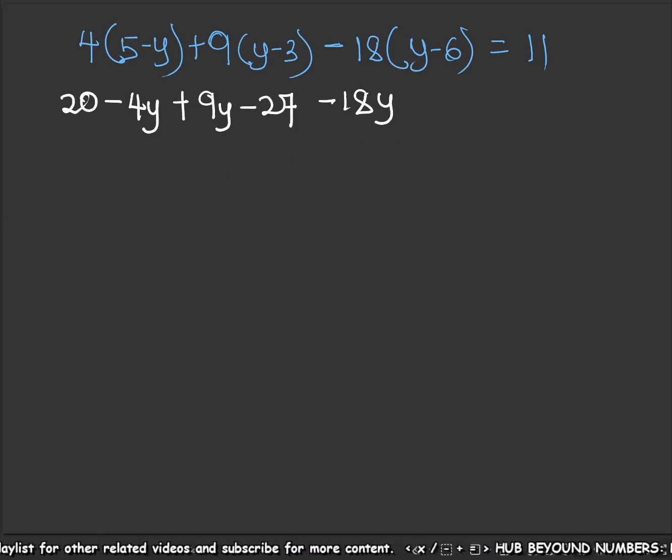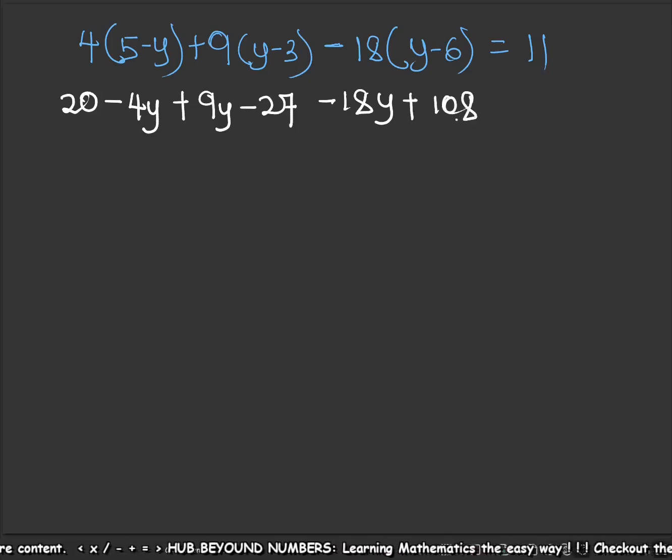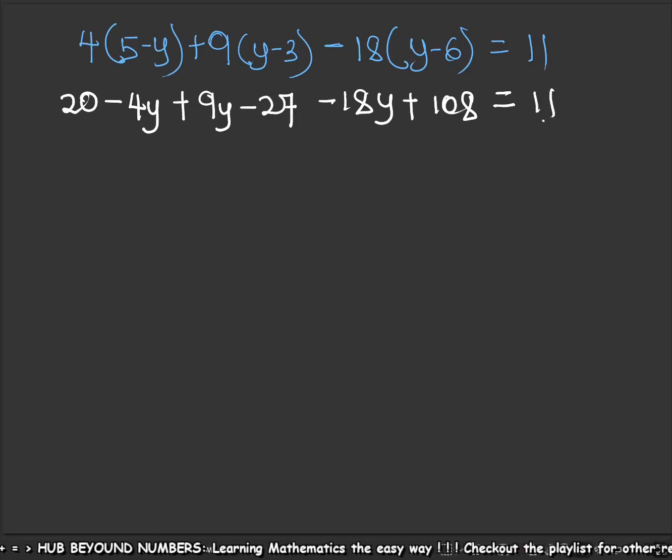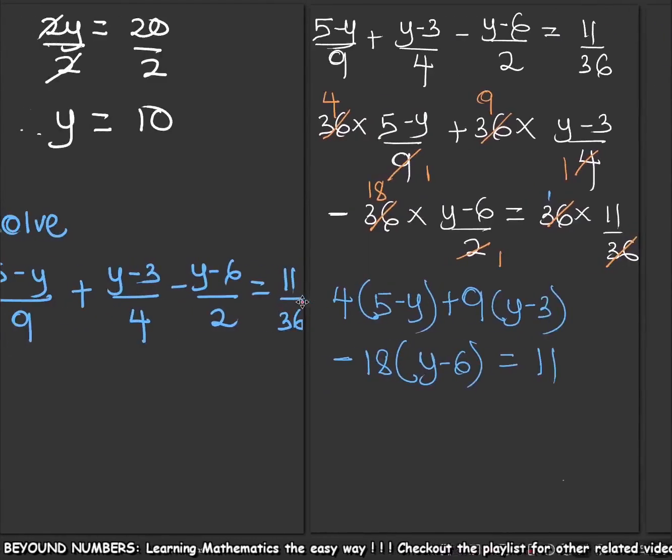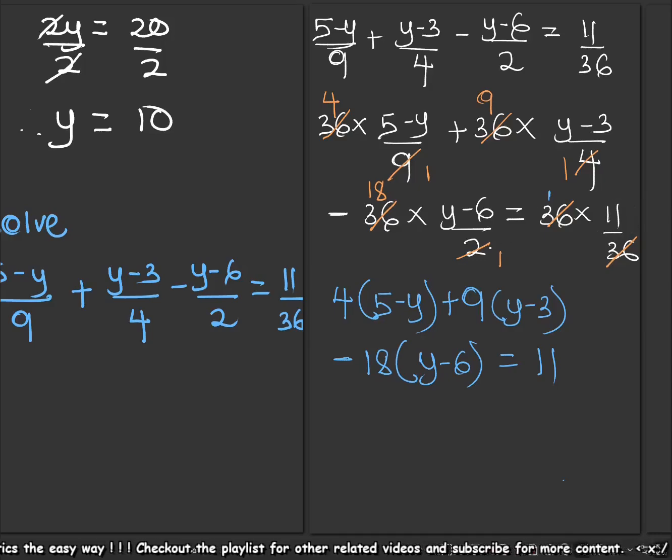You see? So 18 times 6 is going to give us, the negative times negative gives us a positive, then the 18 times 6 gives us a 108. It's equal to 11. And I do hope you remember where we got our 11 from, because this one here took out the 36, and then we just had 11 times 1.